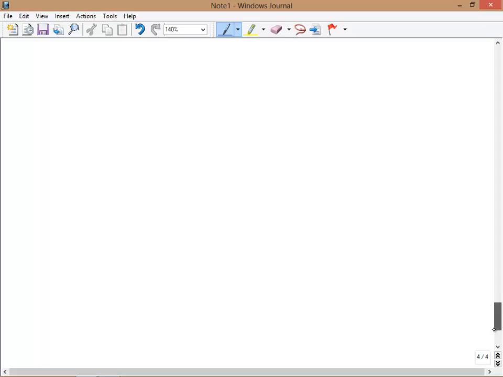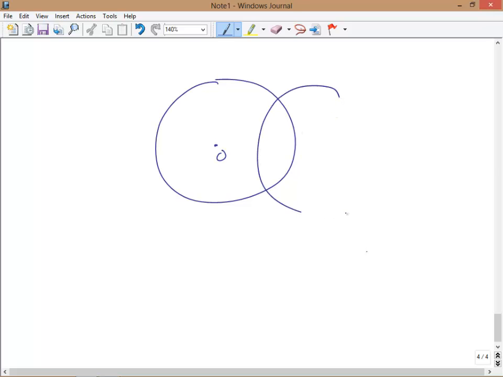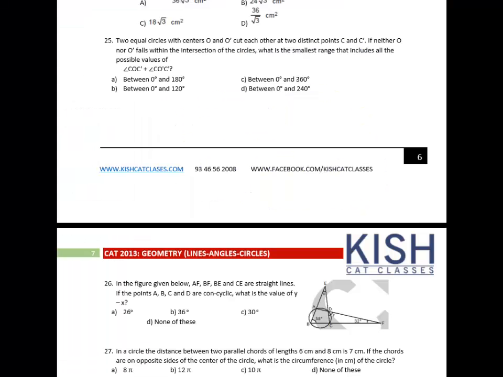Just draw this one. What is the question? Two equal circles cut each other at C and C dash, such that O dash doesn't come in the area of intersection.